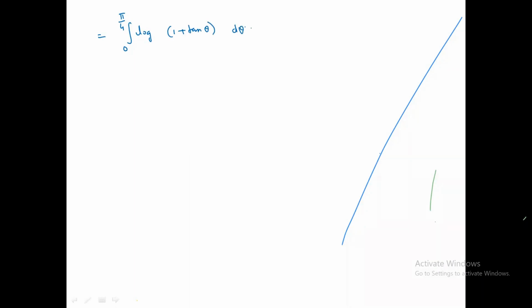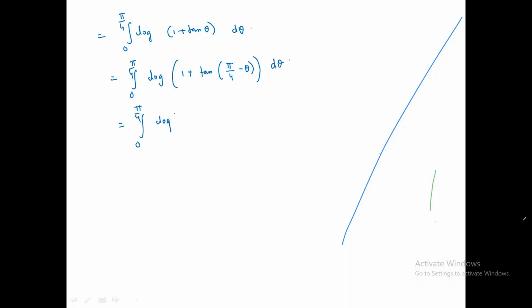Now, why did I change to 0 to pi by 4? That also you will come to know. I can write in the function, in place of theta, a minus x, here pi by 4 minus theta. This is the usefulness of the boundaries.